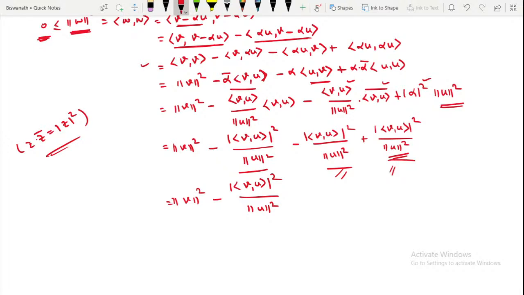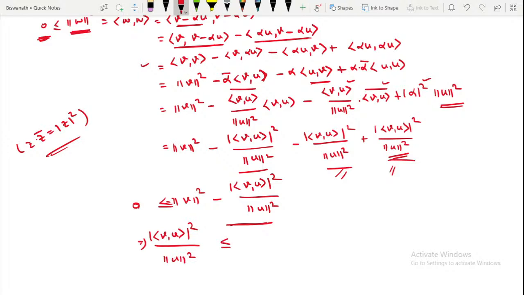That means if I continue from the first step, 0 is less than or equal to this one. So if you take this to the left hand side, this is the modulus square of the inner product of v comma u divided by norm u square.